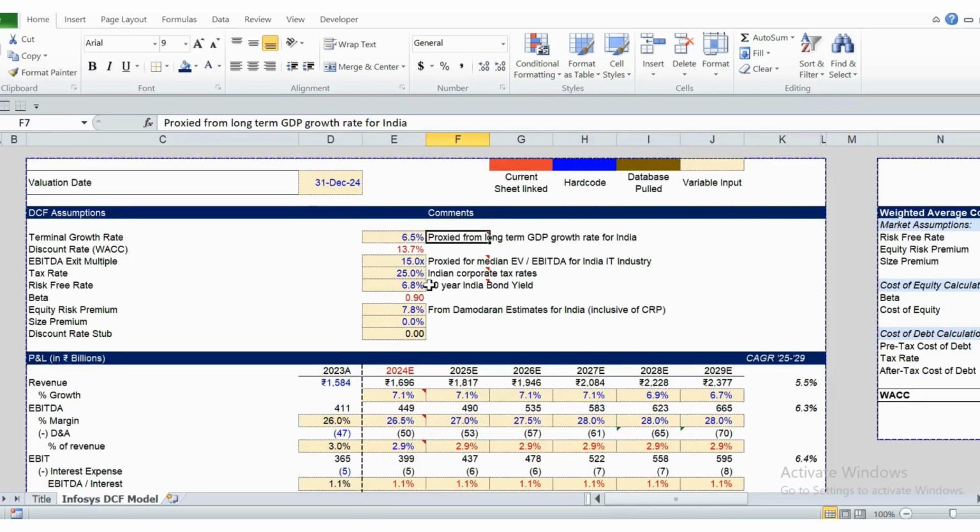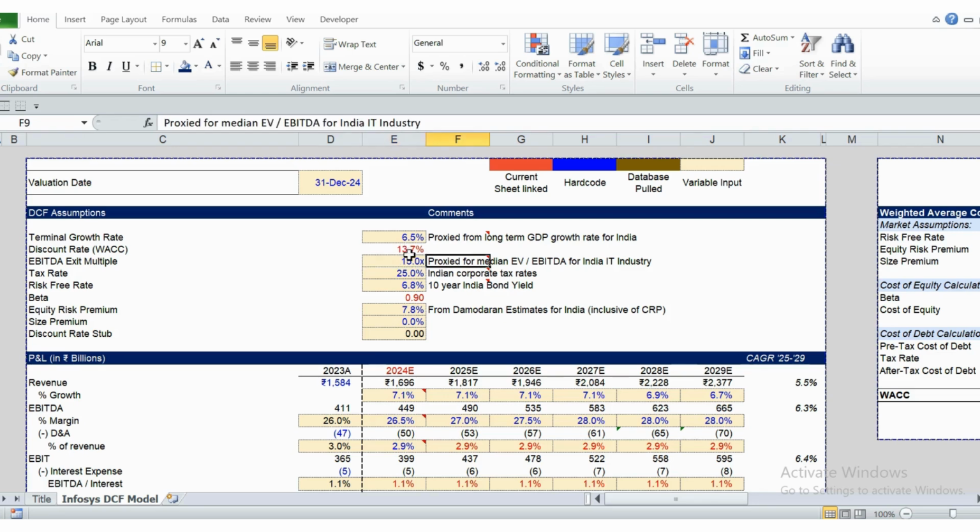Next we have the discount rate, which is calculated from the WACC section. We will be discussing that in some of the next videos. Then there is the EBITDA exit multiple. For this I have commented that it is proxied from the median EV by EBITDA for the Indian IT industry.